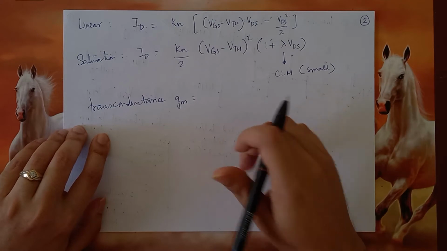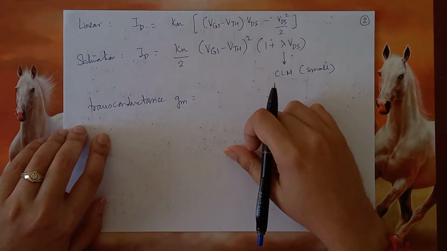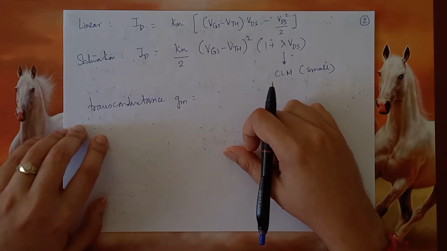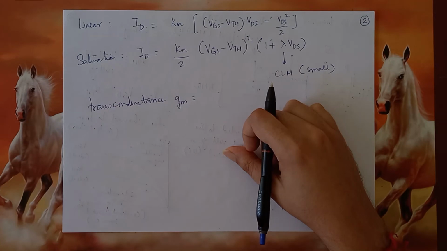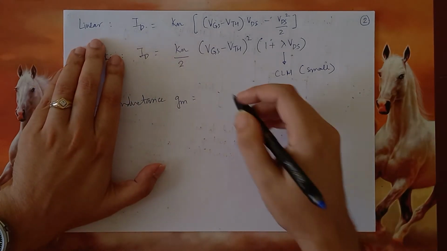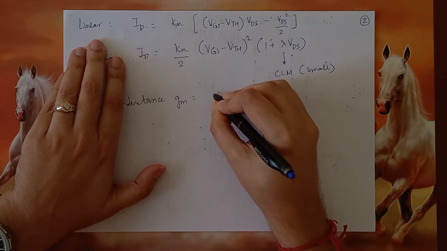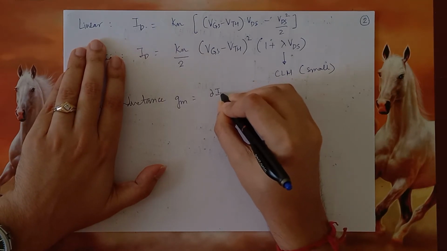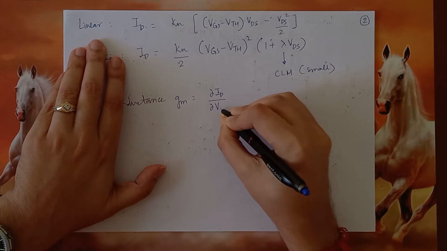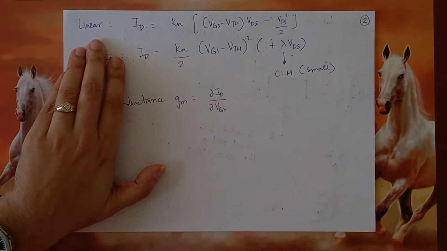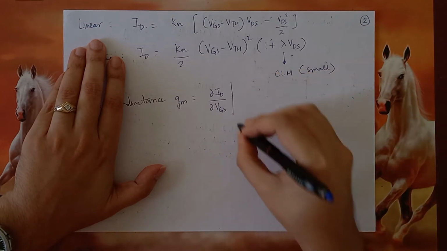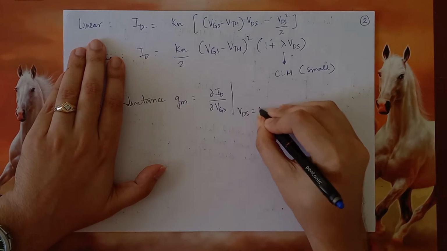Why these two? Because the gate to source voltage is the control element and the drain current is the quantity that's being controlled. So therefore, we define it in this way. A partial derivative considering VDS is constant.